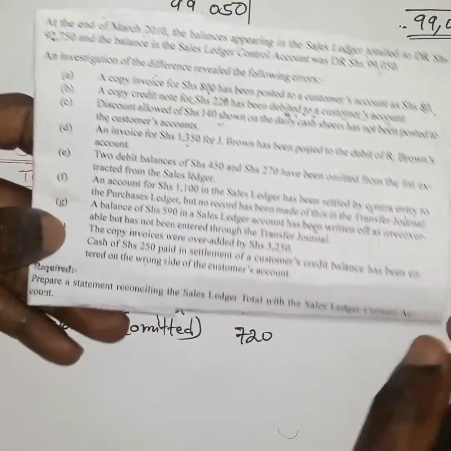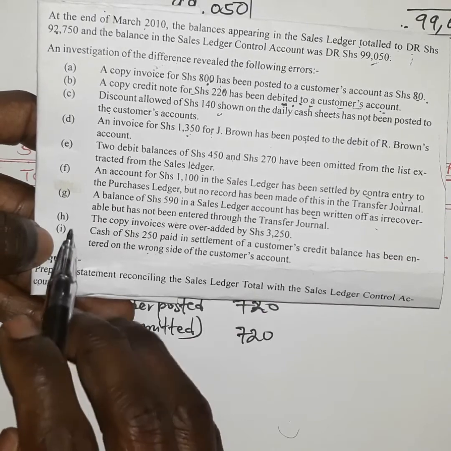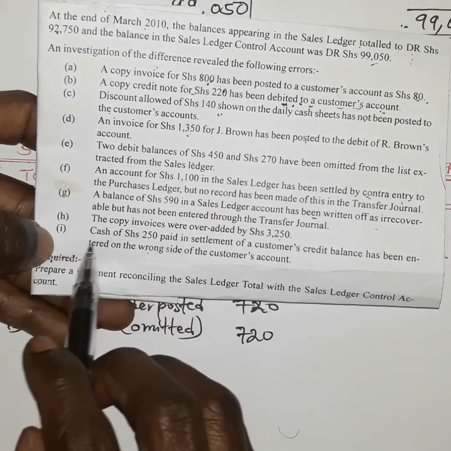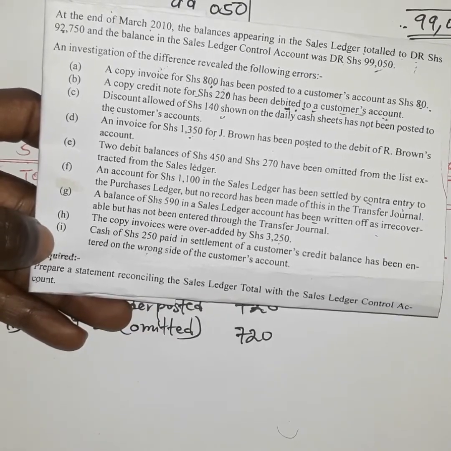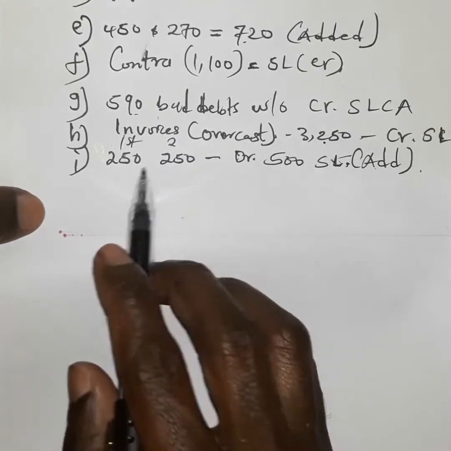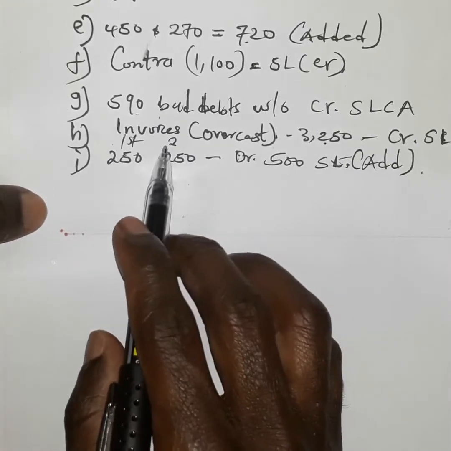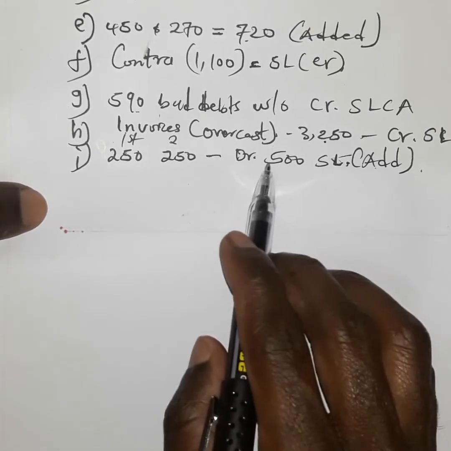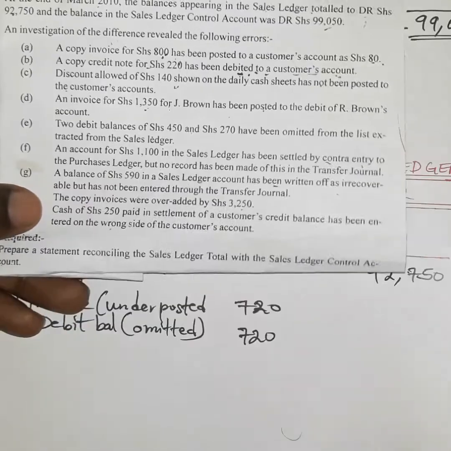And then of course we had another one to do with cash of 250 paid in the settlement of an account. Like I said, for the cash of 250, we make the first 250 by cancelling the error and the other 250 for the correct entry. So in total we're supposed to make a debit entry of 500 for correcting and for making the correct entry.